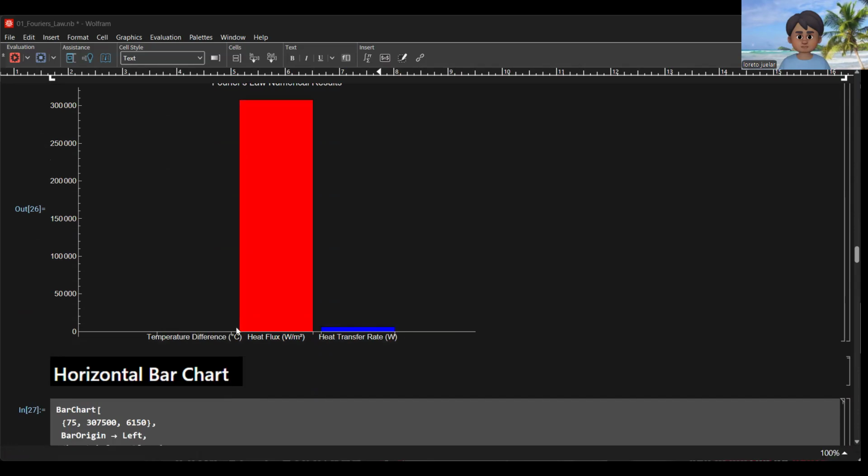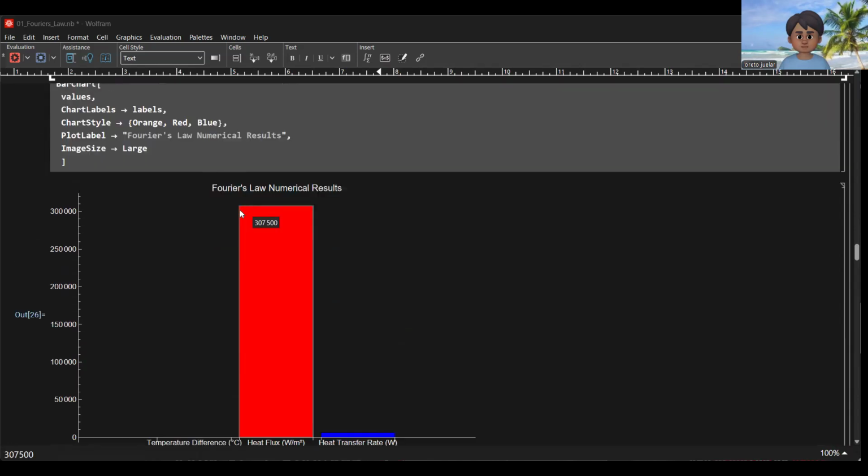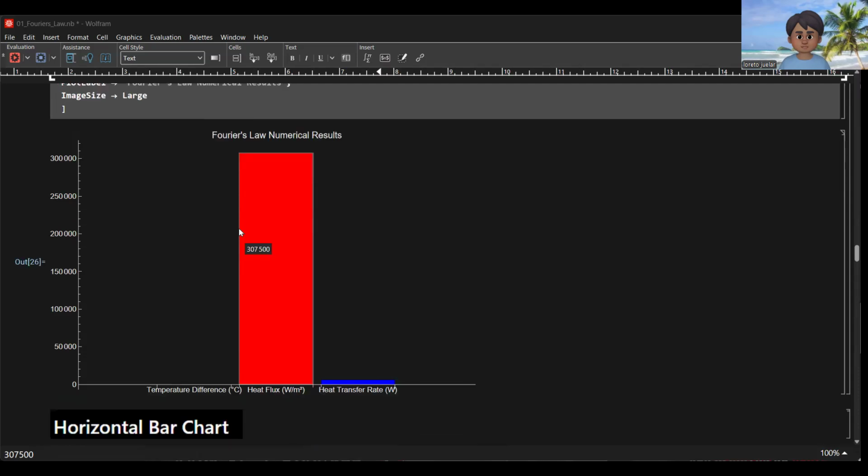We have the temperature difference here. The height here refers to the heat flux in watts per meter squared. The height is also equal to the heat transfer rate here.